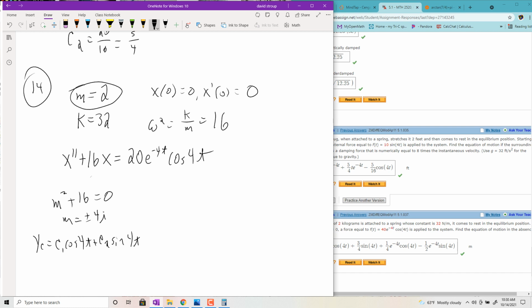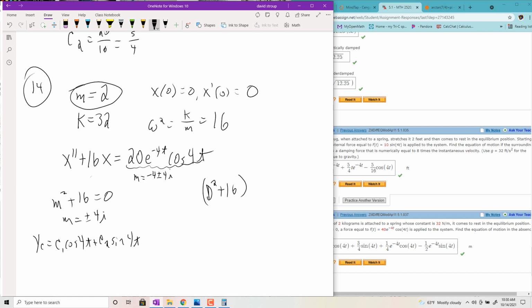Now build, with the annihilators, the associated auxiliary equations. So the first annihilator, just what we already have, the D squared plus 16. And then to annihilate this junk, I need to have roots of m equaling negative 4 plus or minus 4i, right?